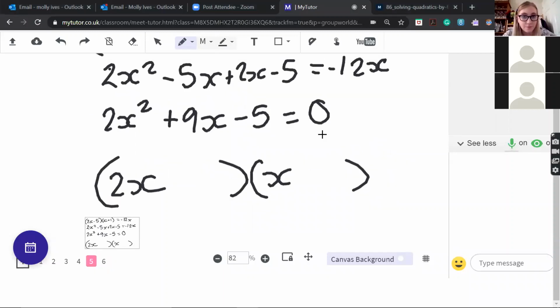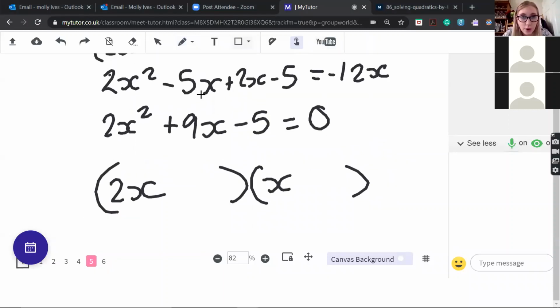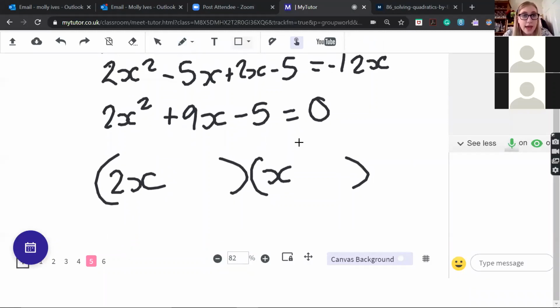So I'll just remind you of where we got up to with it. Factorizing with a larger coefficient. We've done 2x and x. Hopefully you understand why I've done that. That's to make our x squared term. And I was just saying that because this is a minus 5, we know our signs are going to be plus and minus. But we don't know whether the plus is here or here.